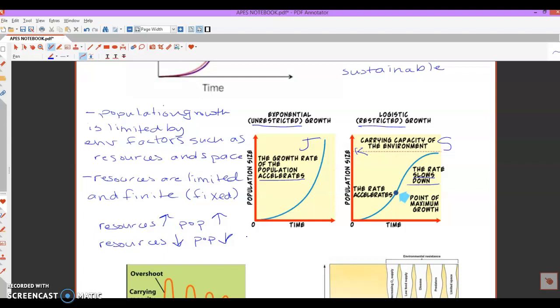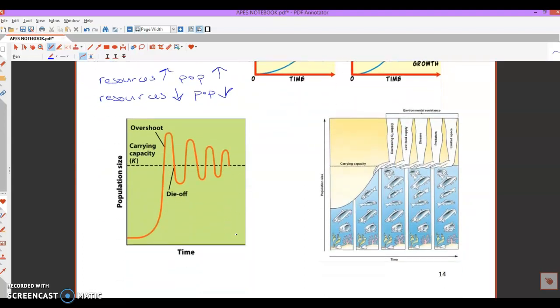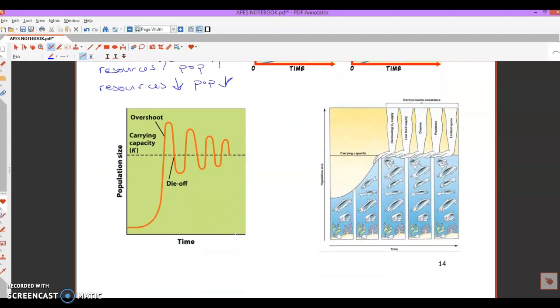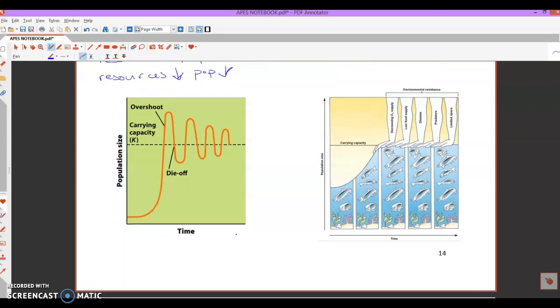Okay? Now, let's look at what happens to the population when it goes above our carrying capacity. Here we have our J-shaped curve. As you can see right here, it has gone above our carrying capacity, K for carrying capacity.